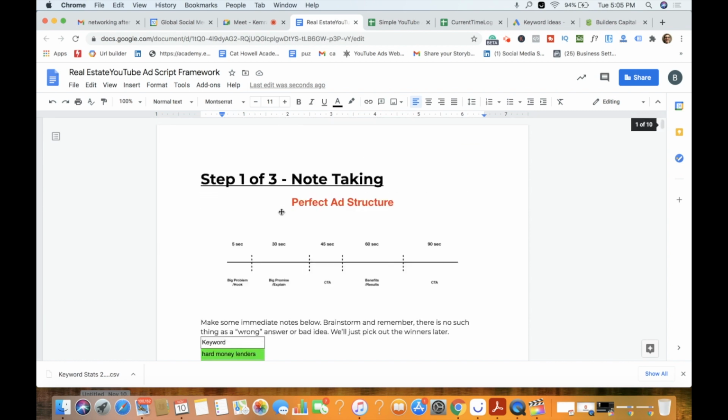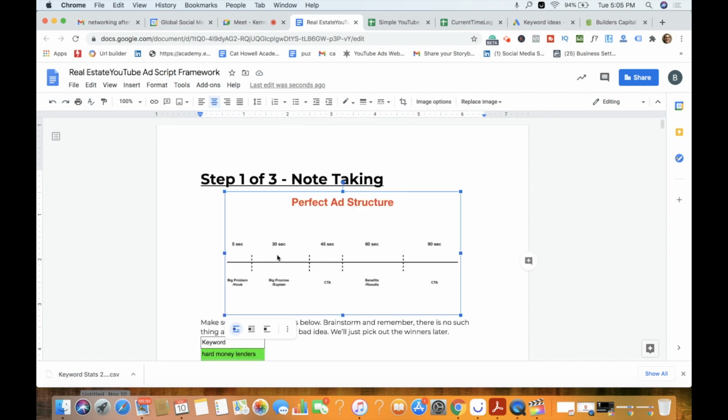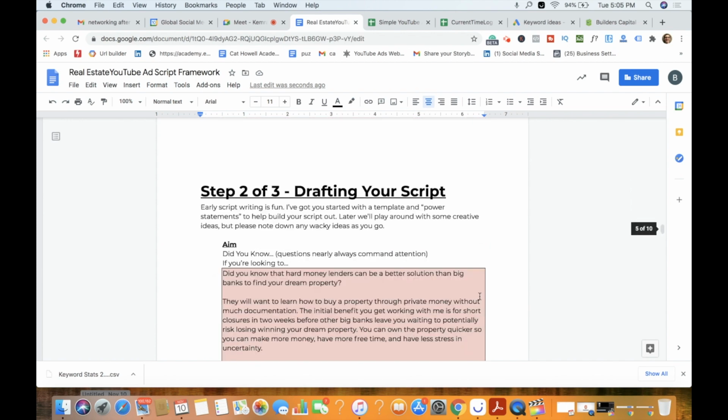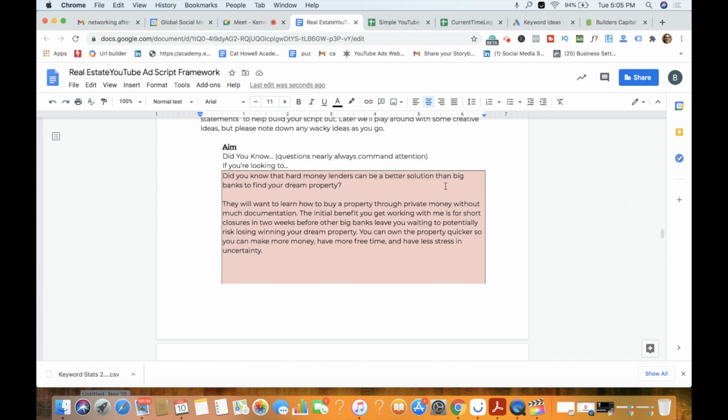Yeah. So looking at the script, it's the hook and then the big promise or pain point in that first 30 seconds, right? Right. So it's in the aim section of your script. Did you know that hard money lenders can be a better solution than big banks to find your dream property?